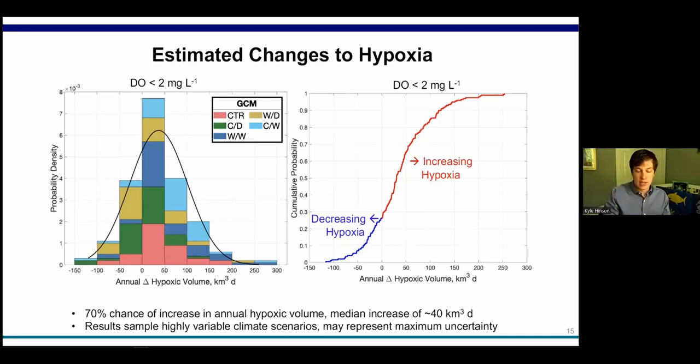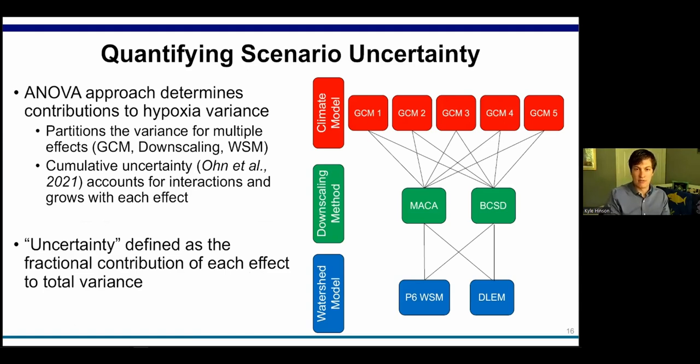And then lastly, I've said these things have more variance than one or another, but we sought to quantify this better by using an ANOVA approach, which partitions the variance of hypoxia for these multiple effects: your choice of global climate model, downscaling method, or the watershed model. And I talk about how cumulative uncertainty accounts for and grows with each of these effects, and define that uncertainty as the fractional contribution of each of these individual effects to the total variance.